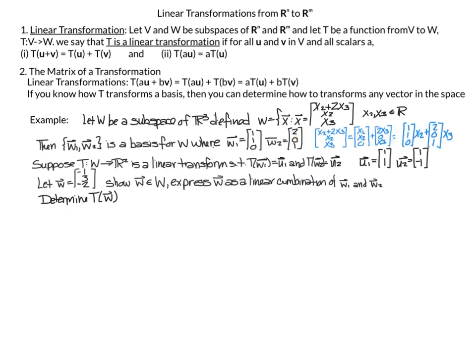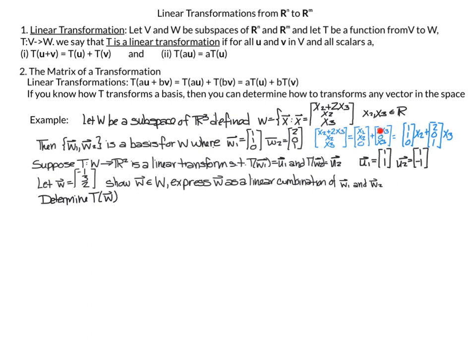In our video about basis, we had many examples of how we would find a basis for this subspace W, but I have the notes here just as a reminder. So W is defined such that x2 and x3 are real numbers and x1 is equal to x2 plus 2x3. So we can rewrite this as a vector that only has x2 plus a vector that only has x3. That would be x2 in the first coordinate, x2 in the second coordinate, but there are no x2 terms in the third coordinate, so we put 0.